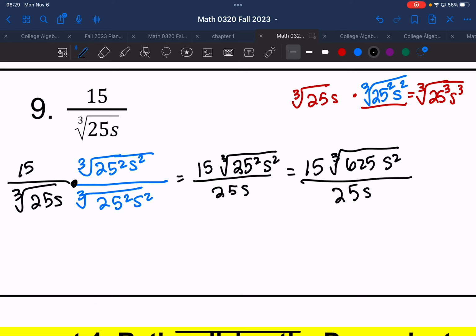Go ahead and on your calculator, because we don't want to do the prime factor tree for that. That would take a while. I mean, we could. But on your calculator, go ahead and do the cube root of 625 and tell me what it gives you. And see if it will leave it in radical form for you.